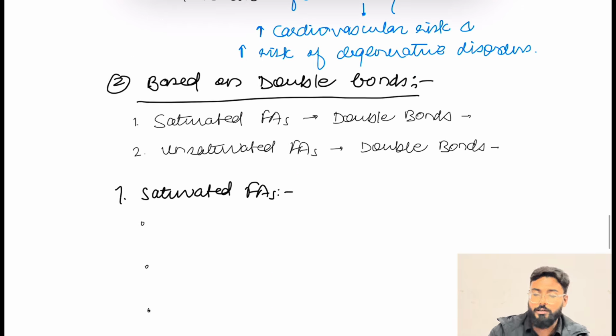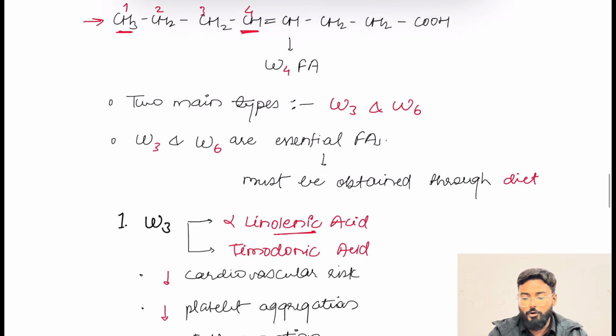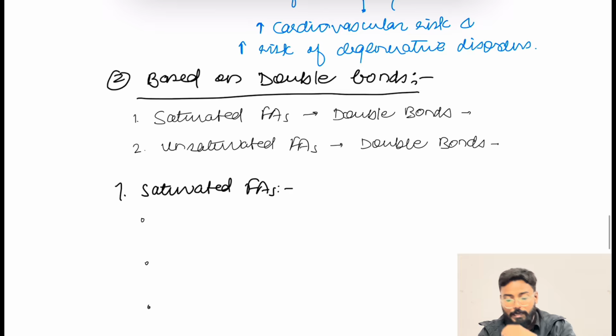Moving on to the next type of classification, that is based on double bond. The previous one was also based on double bond, but it was based on the location of the double bond, the omega classification. Another classification is based on the number of double bonds, into saturated fatty acids and unsaturated fatty acids.